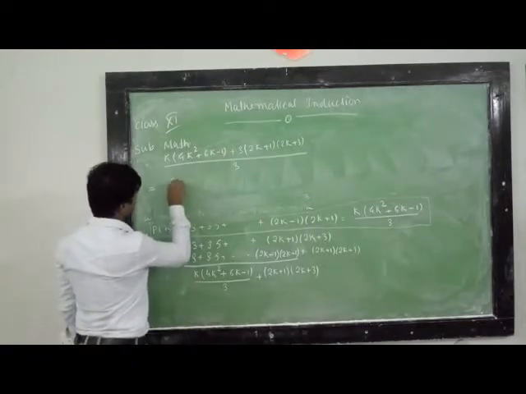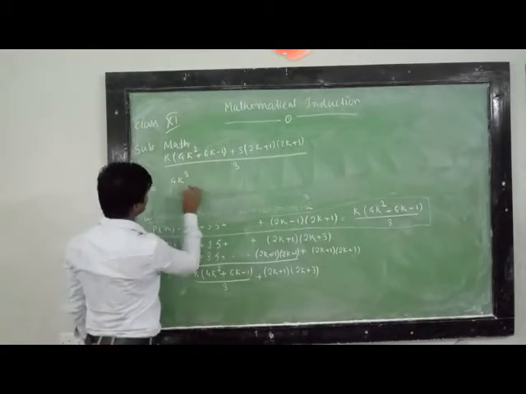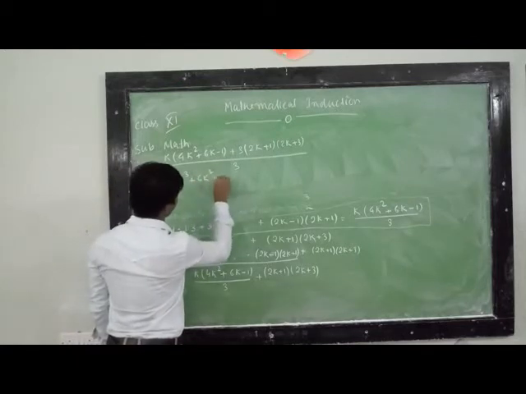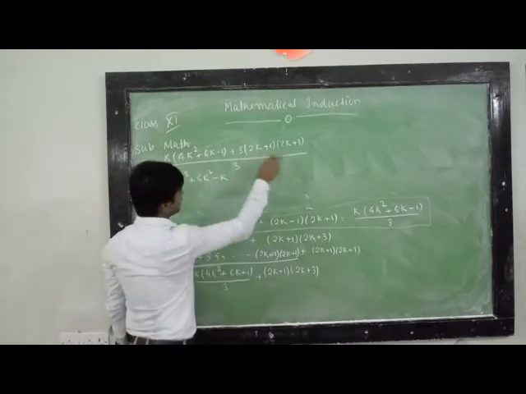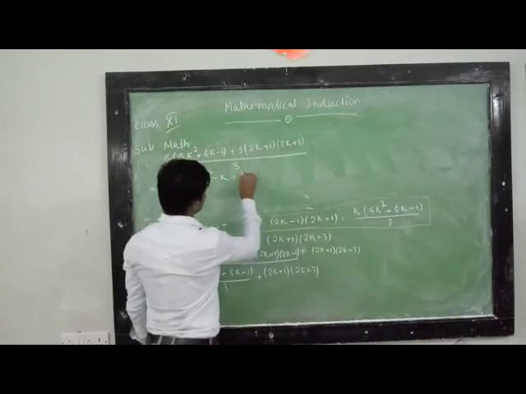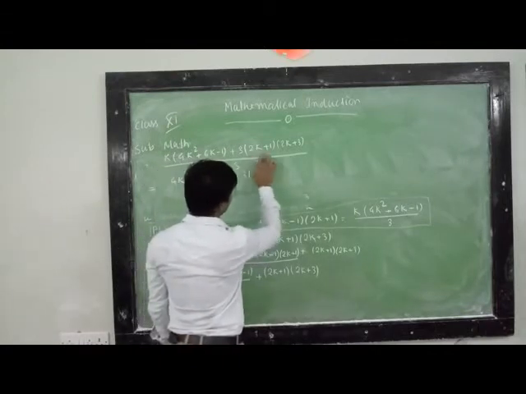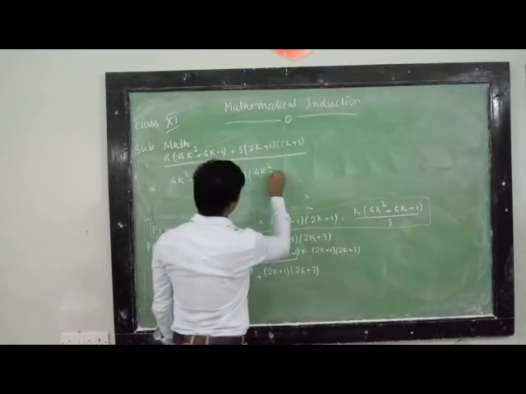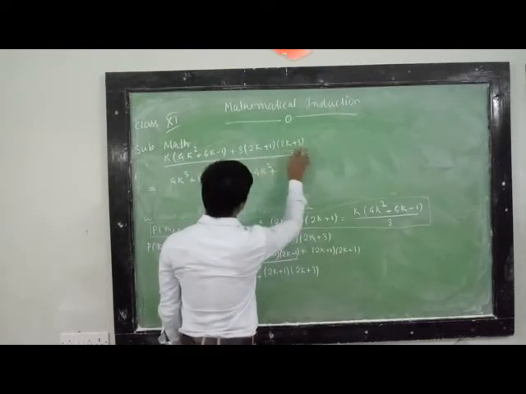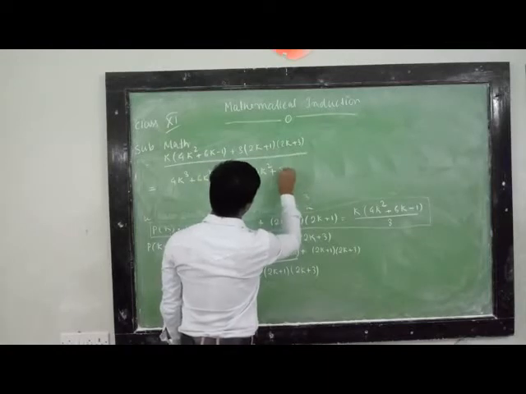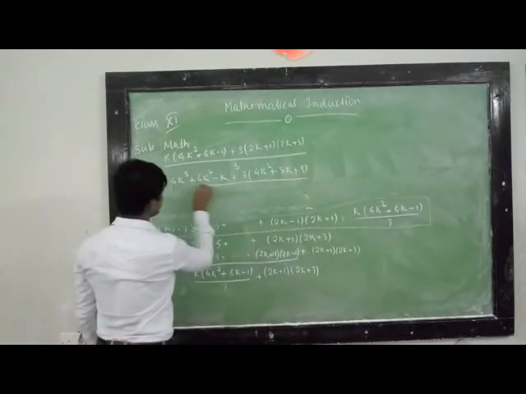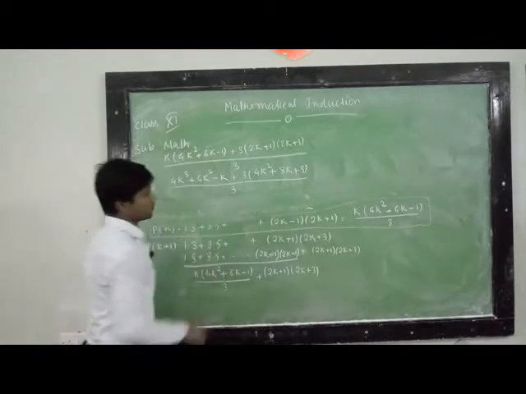So it will be 4k cube plus 6k square minus k, and if I multiply this, first multiply these two brackets, so it will be 4k square plus 6k plus 2k, that is 8k, plus 3, by 3.